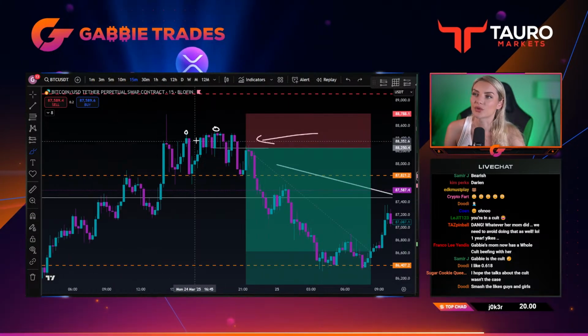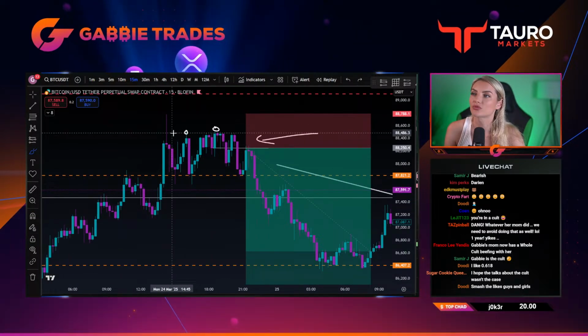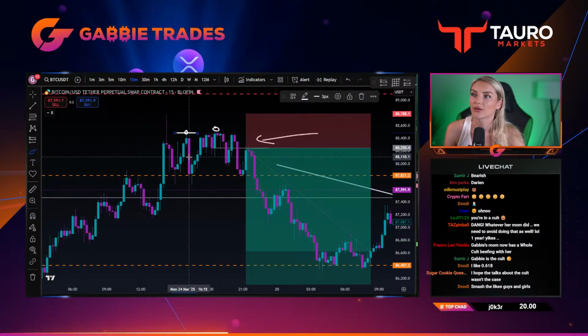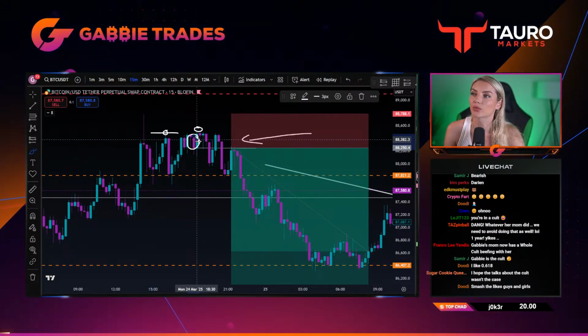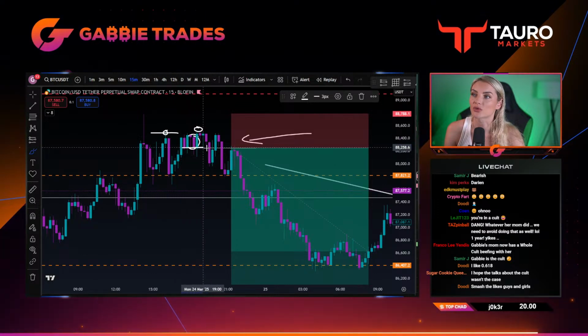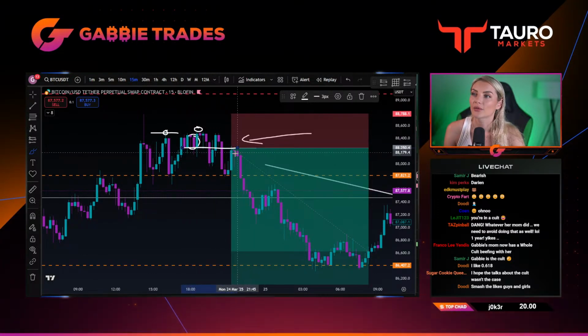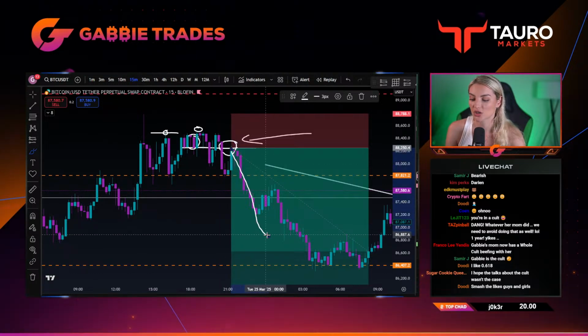What did we see? We saw that we had a run on this high, right? We identified the breaker block, which was an order block, now turned into a breaker block. And then upon a retrace on that, this was the short, right?